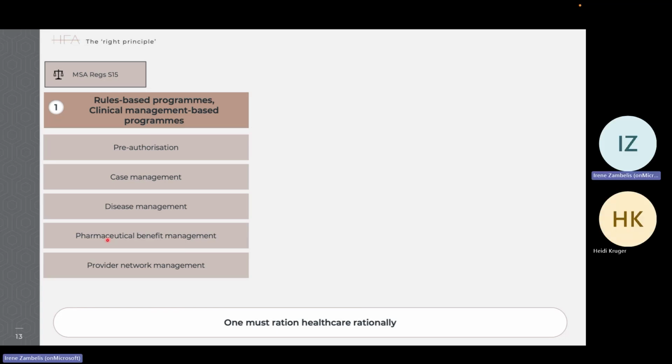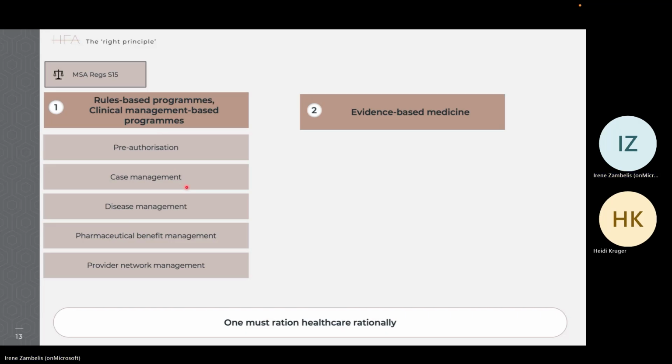And I think, Heidi, when we're talking about evidence-based medicine, it's important because what Regulation 15 says is that no matter what your managed care program is, and here I've just listed the ones we're familiar with, whatever restrictions you place on funding, remember the patient can go to the provider and get whatever treatment they decide.